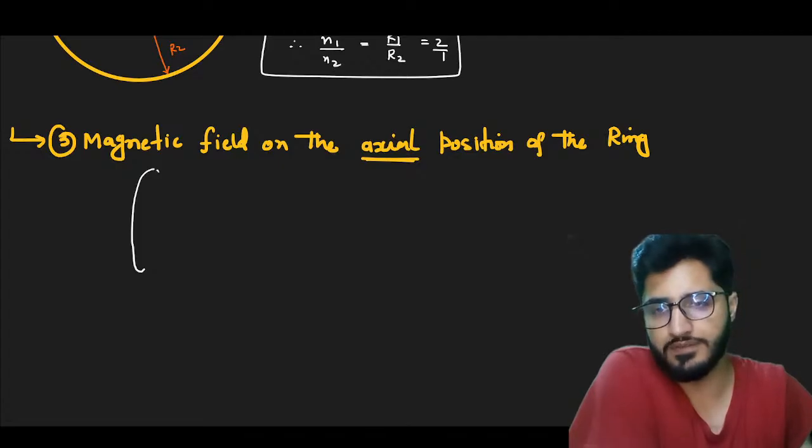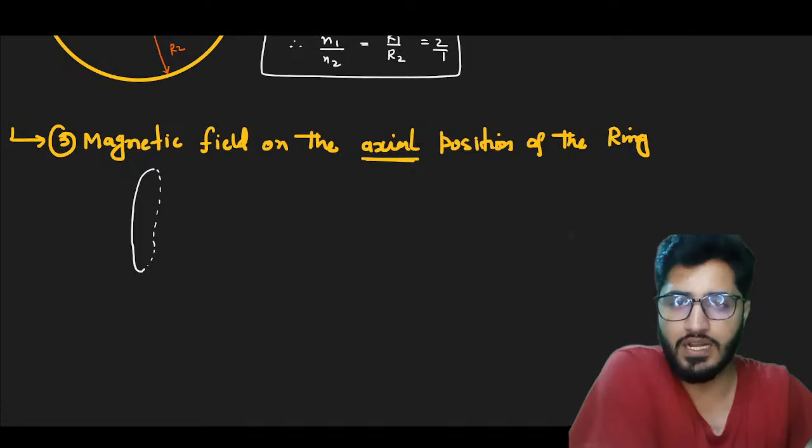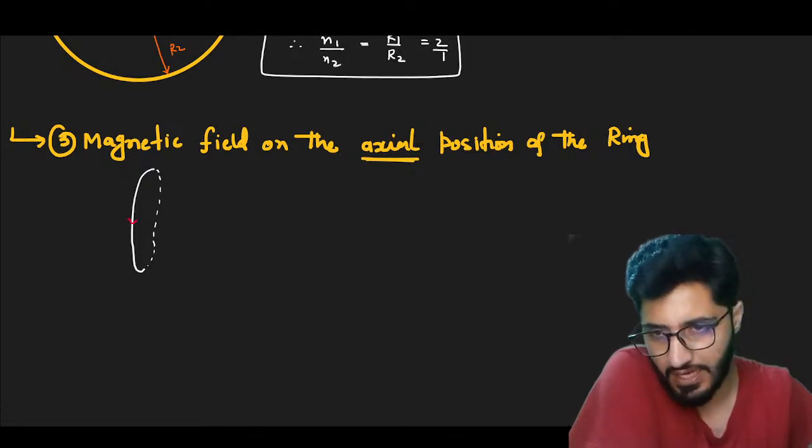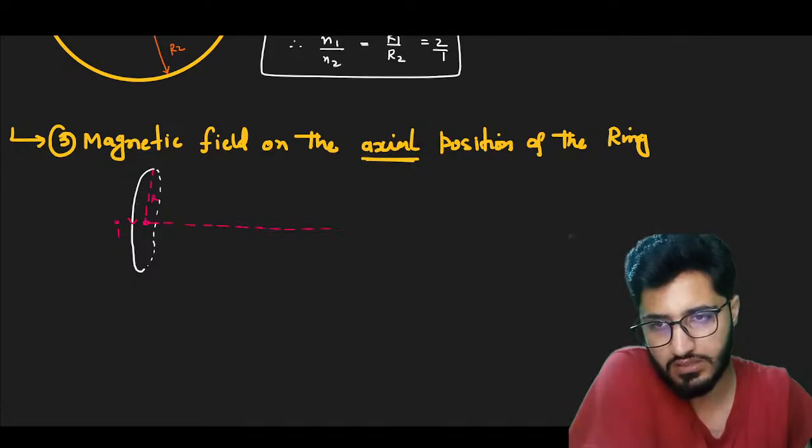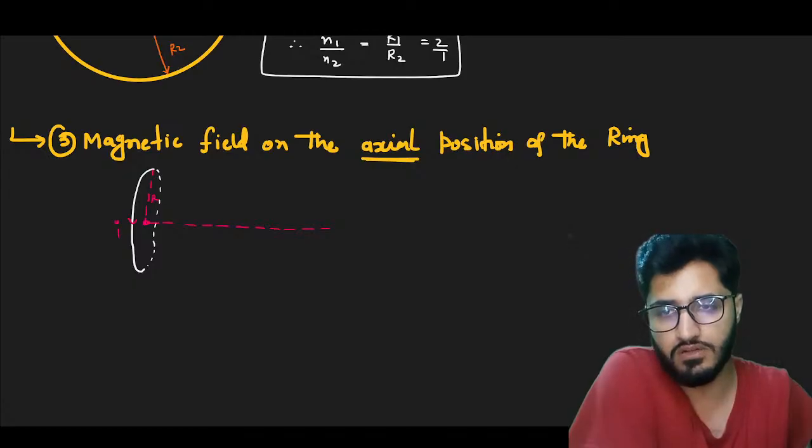If this is my ring and my current I is flowing through the ring, and the radius of this ring is r. Now from the center, I place a line perpendicular to the area of my ring.